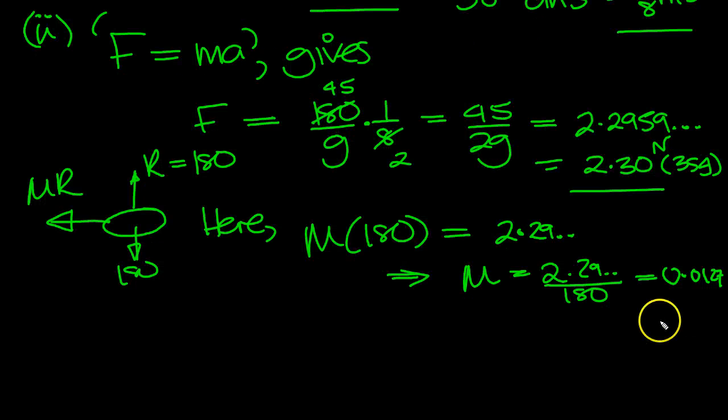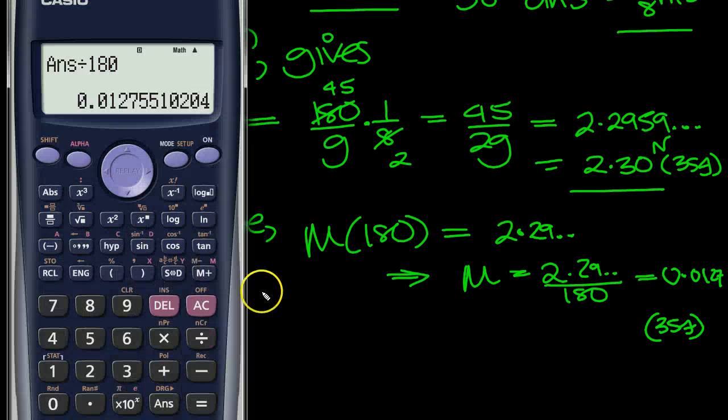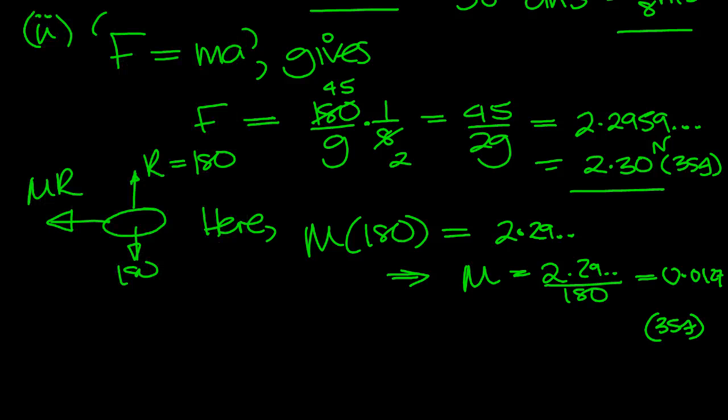And that's the 3 significant figures. Let's just check that then. 0.01275, isn't it? So it's 0.0128. So we need to just put, instead of a 7, it's an 8 here. And that's the 3 significant figures.